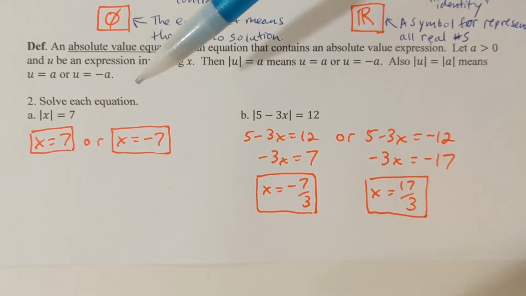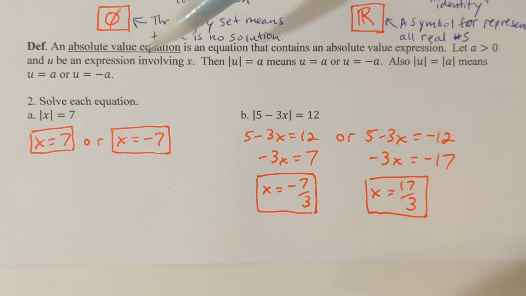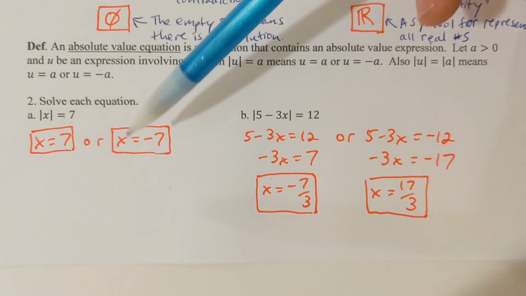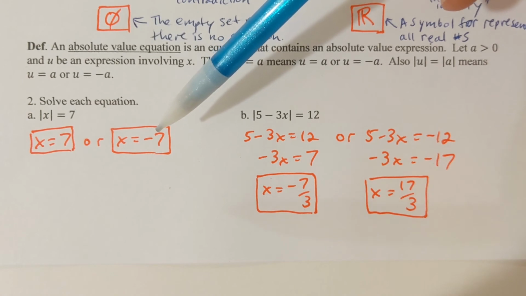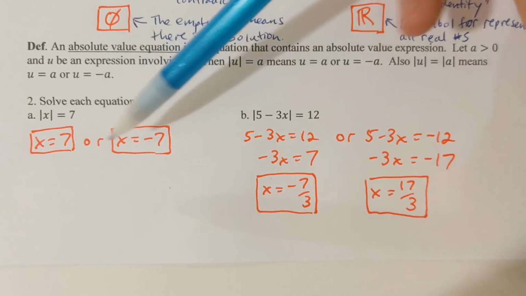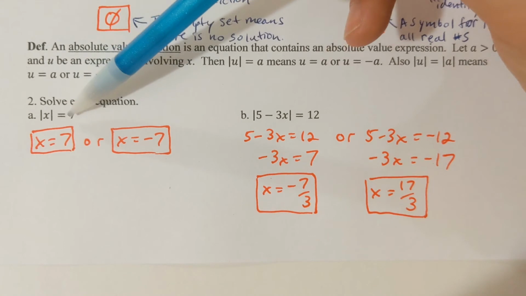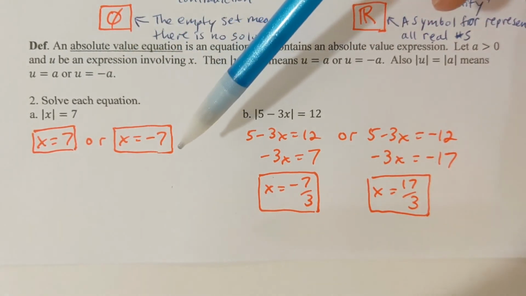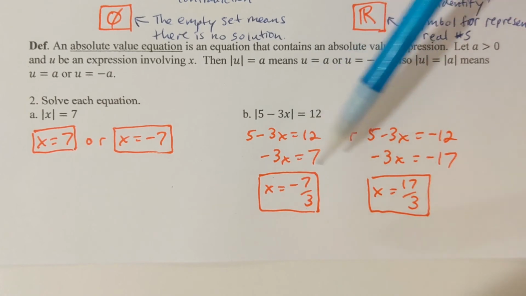Okay. Now, of course, anything coming out of the absolute value bars is never going to be a negative, right? I get a negative x value here. That's okay. The absolute value of negative 7 is 7. Okay, so I'd want to keep that number even though x is a negative. It'll happen on occasion where x is a negative.